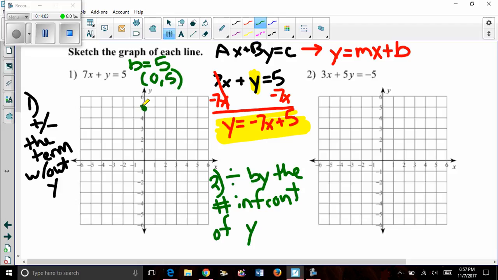And now my slope is -7 or -7 over 1. So I'll count down 1, 2, 3, 4, 5, 6, and 7. And then over a positive 1, giving me a really steep graph. And connect dots.